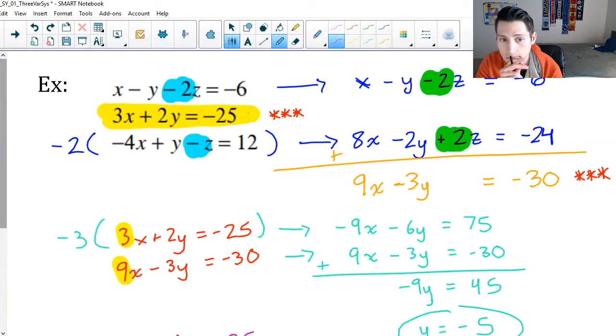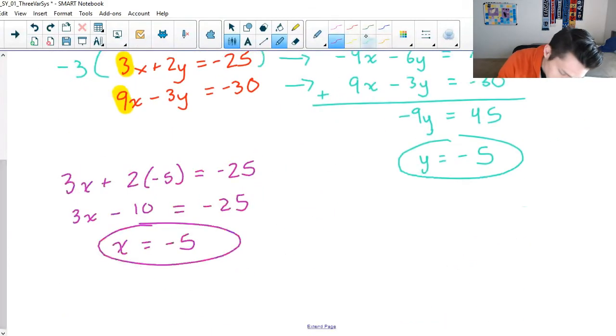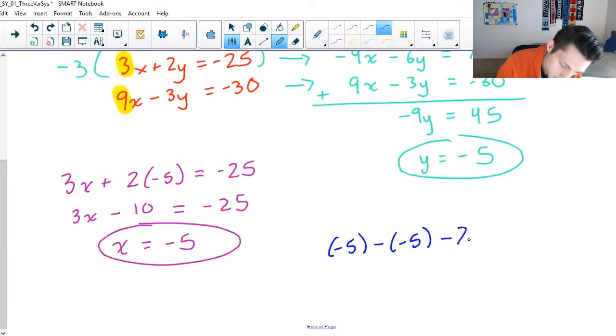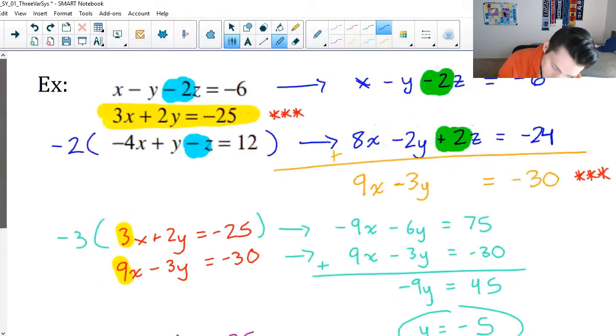I'll pick that first one just because. x minus y minus 2z equals negative 6.